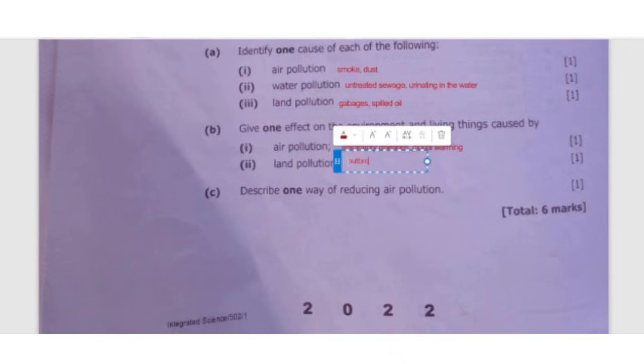Outbreak of diseases. If you have a place that is very dirty, or the surrounding of that place is very dirty, or there is a compound where there is a lot of dirt, there is even a high risk of cholera.